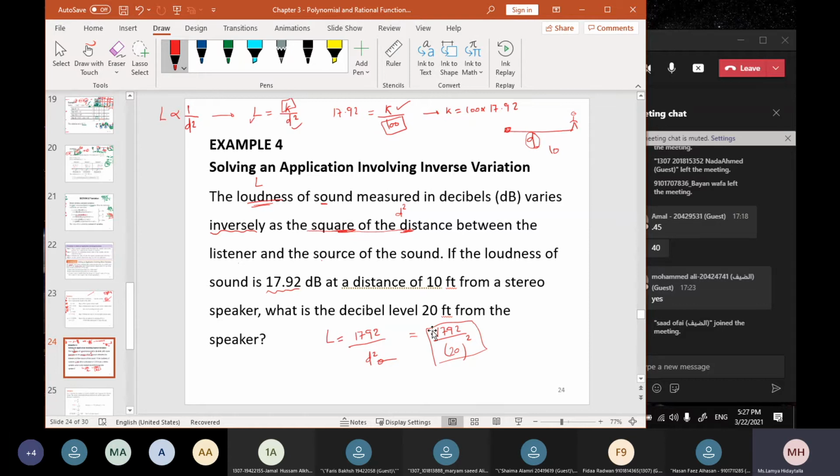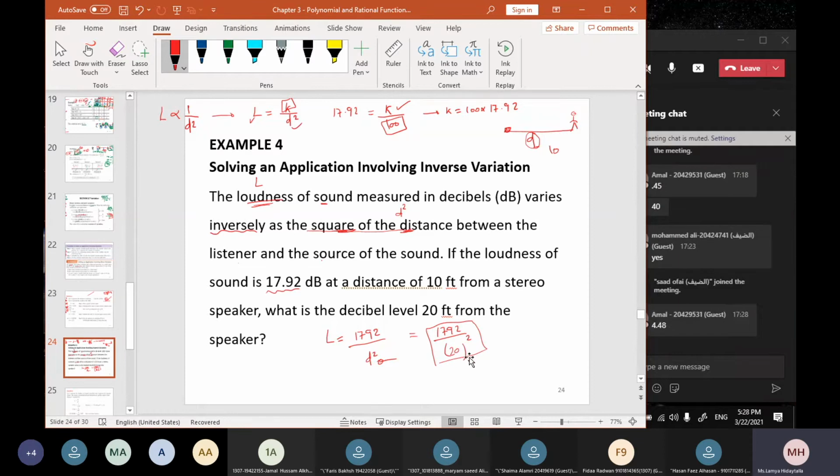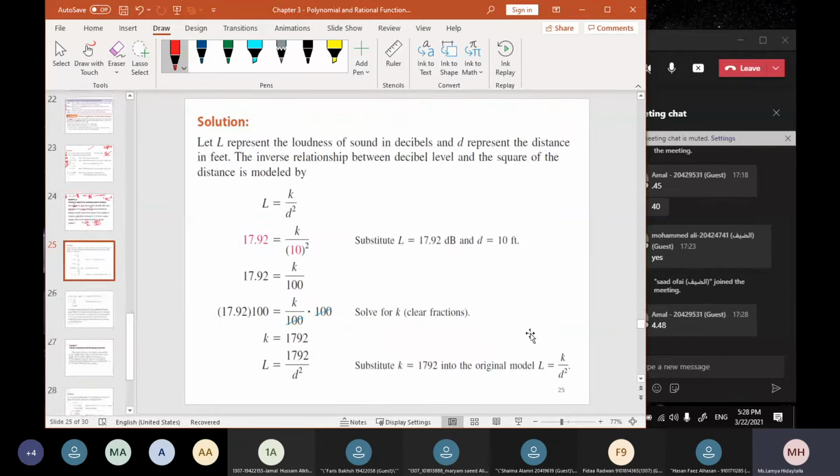Yes, and exactly this will happen because I am dividing by a greater number. 10 squared is 100, 20 squared is 400, so you divide by 400 instead. So it's going to be smaller.